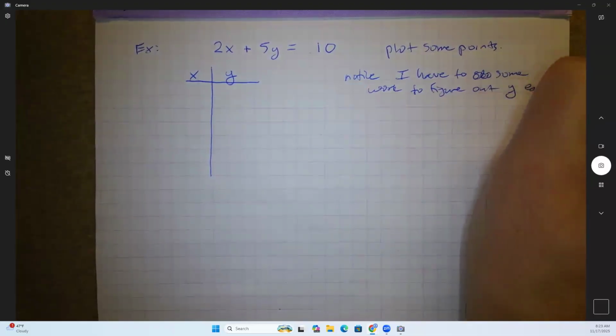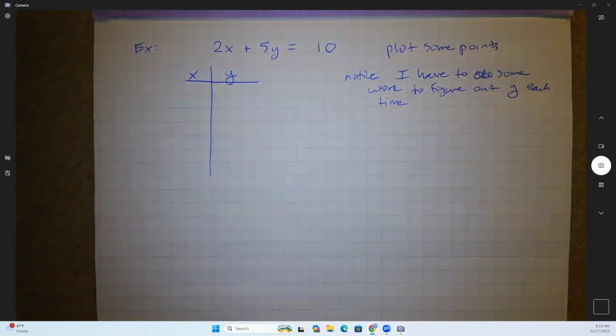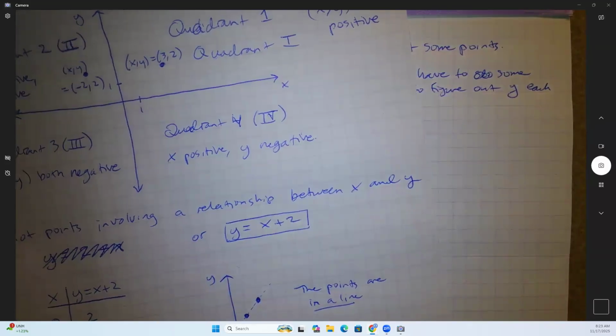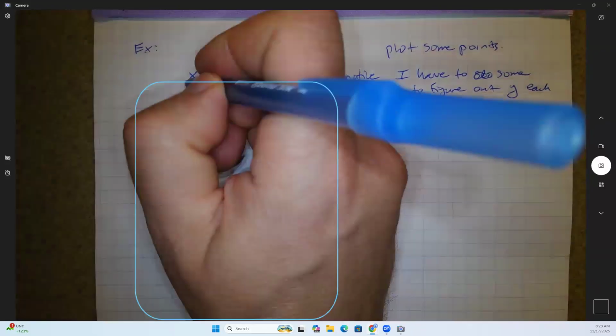It's not quite as simple as the previous example where my Y value equals something with an x. Now I have y and x on the same side, but I can still do some work.